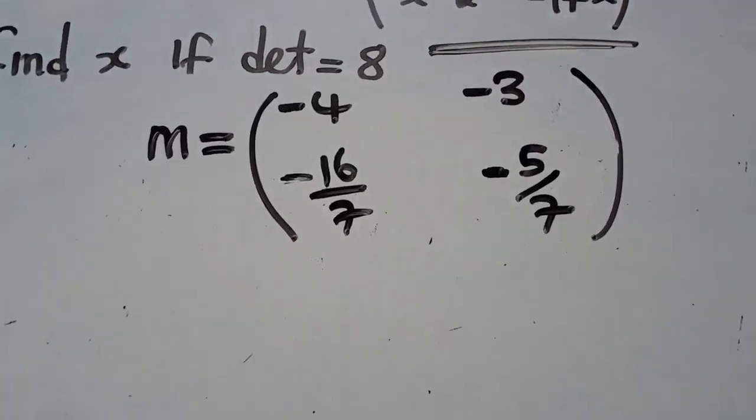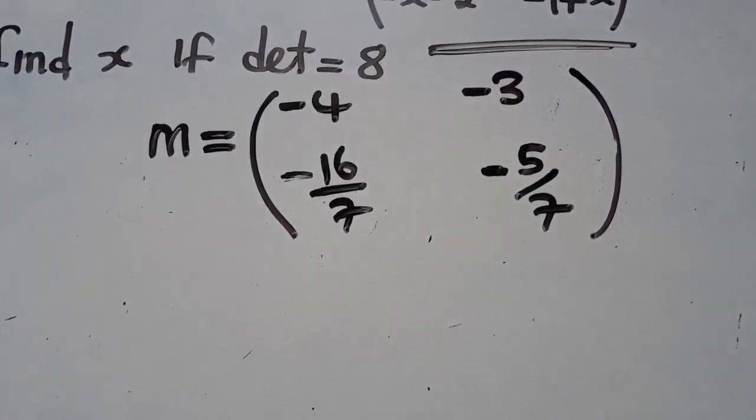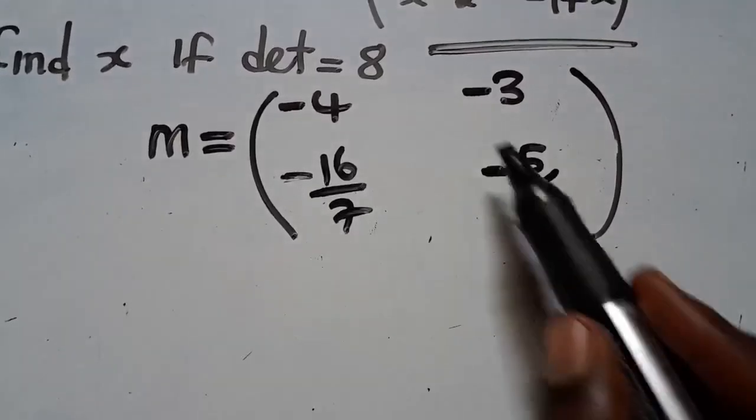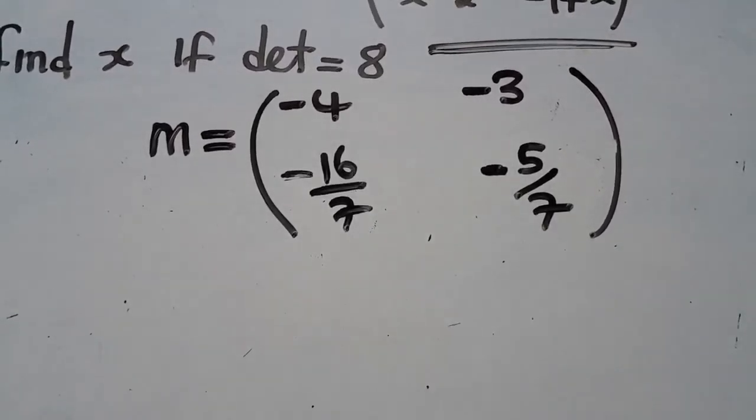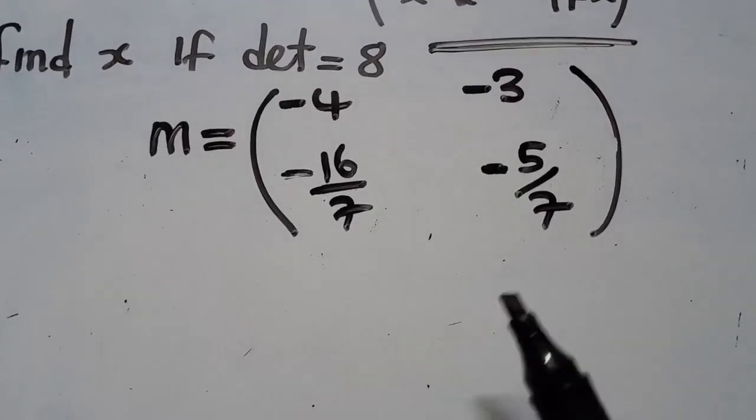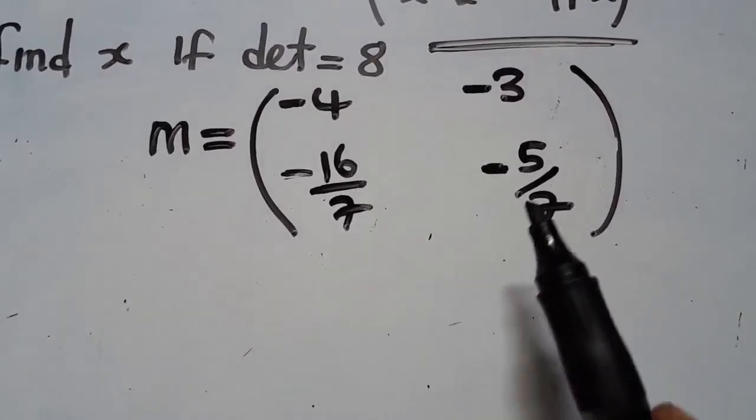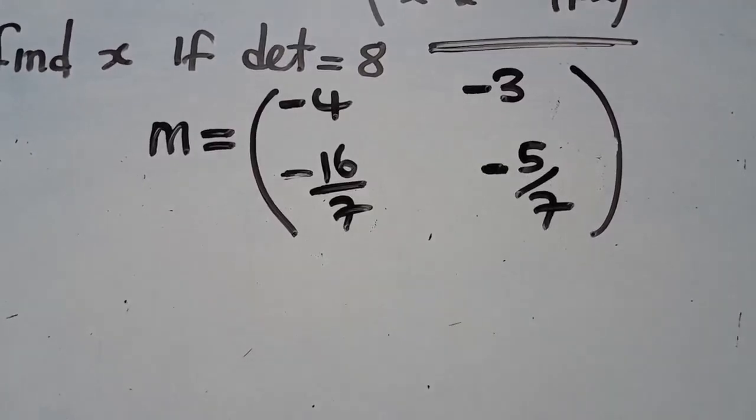Then I believe the next question was saying find the inverse. The next question was telling us to find the inverse of m. So we've done the substitution here. The reason why I was doing those substitutions is because I noticed that down there, the question was telling me to find the inverse. So I need to do these procedures.